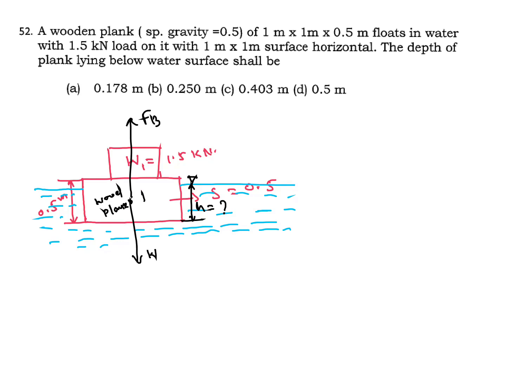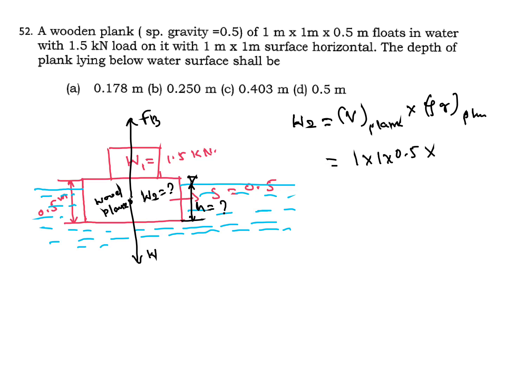So W2 is volume of plank into specific weight of plank. Volume is 1 into 1 into 0.5, specific weight is 0.5 into 10 to the power 3 into g.